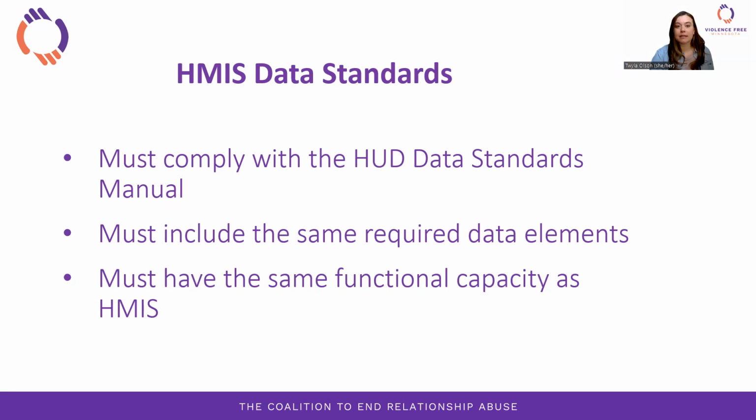The HMIS data standards also require that the comparable database has the same functional capacity as HMIS. For example, the comparable database must have the capacity to deduplicate, dynamic household linking, cross-project data sorting, and metadata requirements.